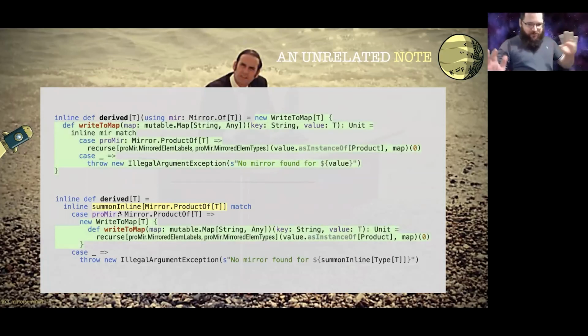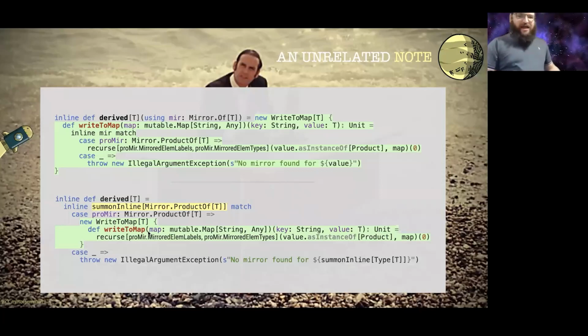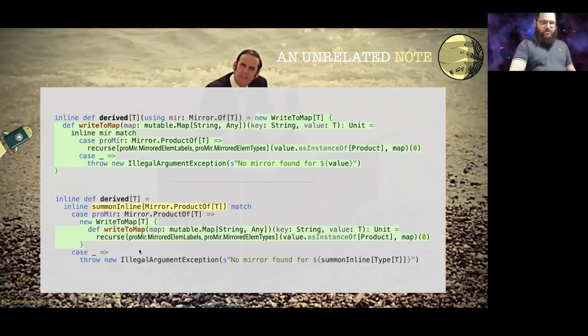Now, you need to rewrite this a little bit. We created this write to map on the outside, and then we defined this method on the inside. Well, if you want to summon a mirror, you kind of have to flip this around, and you have to summon it on the outside and create the object on the inside, which is actually why in the Dotty documentation, this is the approach that they use.